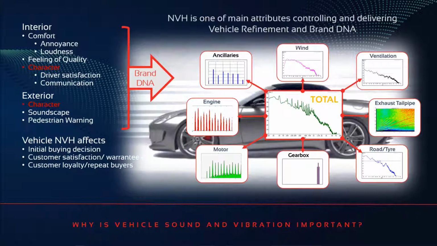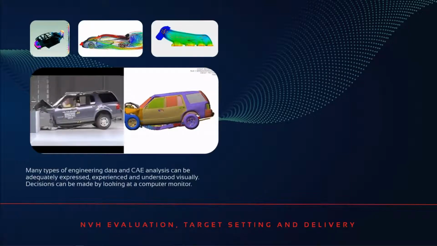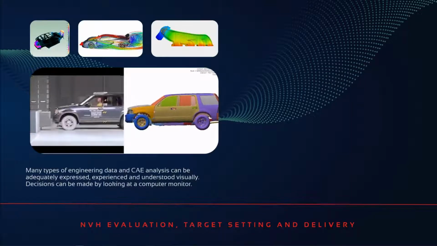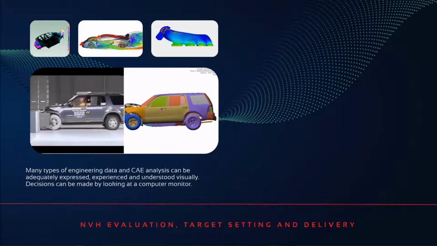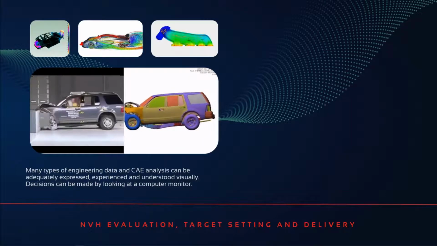NVH embraces a number of factors essential to delivering the overall driving experience and communicating brand DNA. Many types of engineering data and CAE analysis can be adequately expressed, experienced, and understood visually. Decisions can be made by looking at a computer monitor.